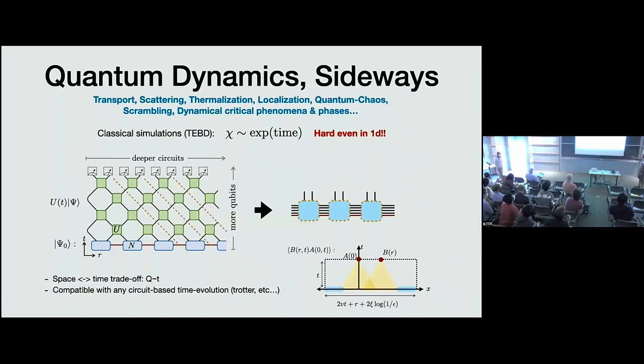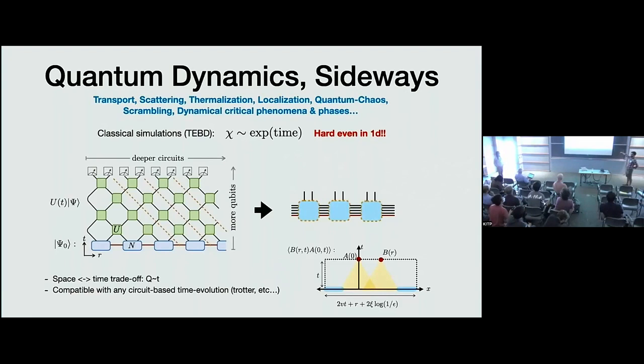If I simulate it sideways, I need order T qubits. If I simulate it in the normal direction, I need twice the Lieb-Robinson velocity times time just to get the causal cones of my correlators. I need the spatial separation between the points I measure, which can give me another constant factor.